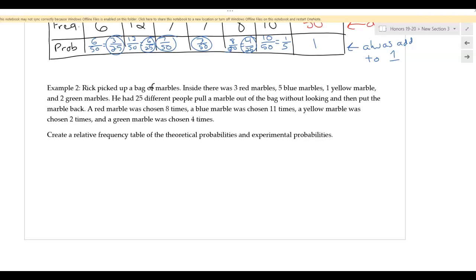Okay, so we have both theoretical and experimental. So we're going to do theoretical frequency, theoretical probability. Can't spell today. Experimental frequency and experimental probability.